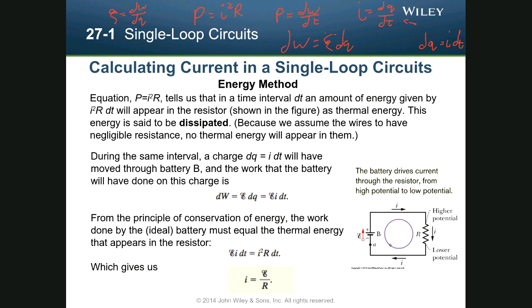So basically the work done here, dW, right? If power is equal to dW/dt, which is I squared R, this implies that dW also equals I squared R dt.